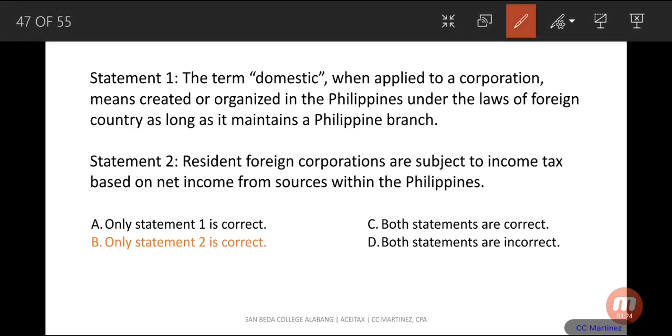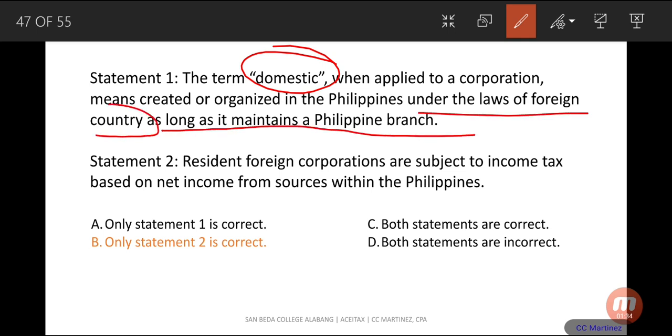When we say domestic, organized lang siya under the Philippine laws. So, ang nagpamali dyan is under the laws of a foreign country, then dinagdagan pa ng as long as it maintains a Philippine branch. So, walang ganyang provision. So, the correct answer is letter B. Number 2 lang yung correct. Okay.